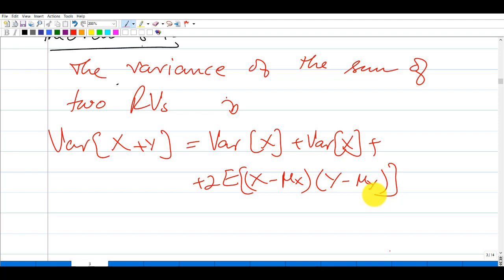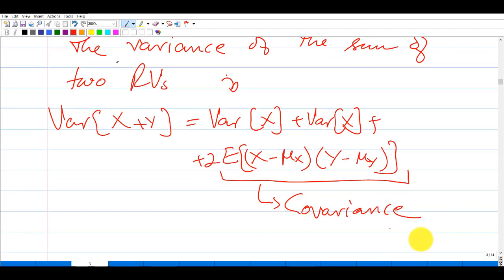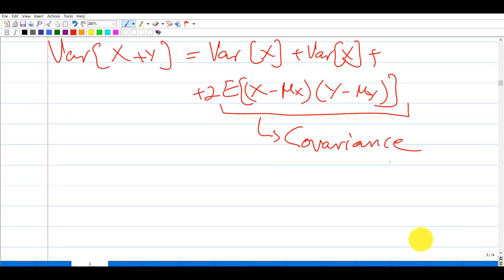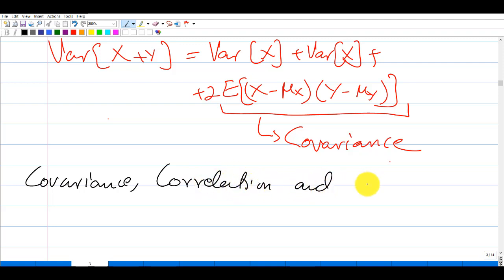So here we can see that if we know the variance of X and variance of Y, and we calculate this big term, the expected value of (X minus mu X) into (Y minus mu Y), which is known as another important parameter in the analysis of these random variables, the covariance. We will define these terms separately: covariance, correlation, and independence.